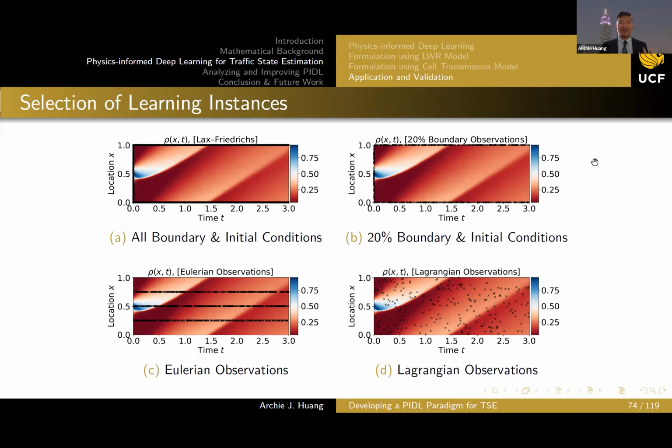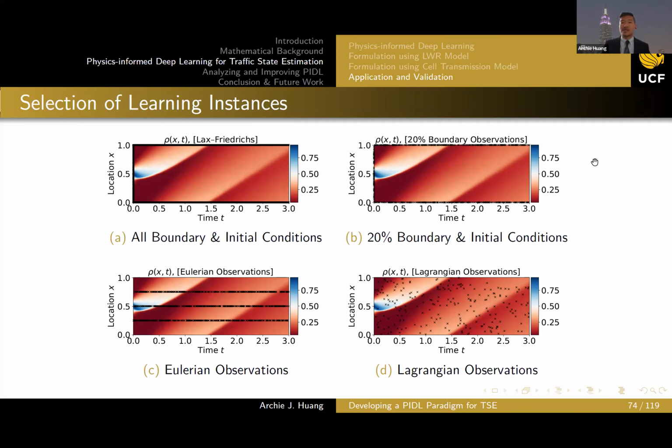We usually get sensor data where we get density values maybe every 10 seconds, every 30 seconds. And the initial conditions would mean you are using a drone or traffic camera and collecting the traffic state values at all possible locations, which is also incredibly difficult. A more realistic scenario would be depicted in sub-figure B, where you have some boundary data and some initial conditions.